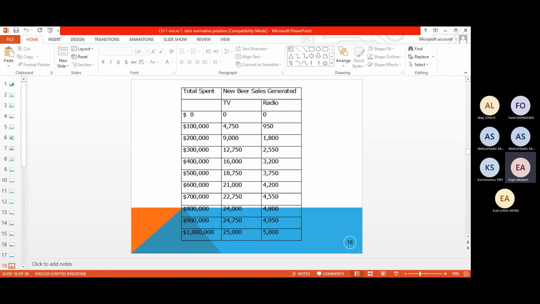And for 1 million, it is 25,000, and sorry, for the radio 5,000 is the expected amount of sales realized from this advertising. Therefore, you have to determine which option is better fitted to your company, to be able to determine the best possible option regarding this budget line and budget constraint, which I suppose is the better estimation for the model.